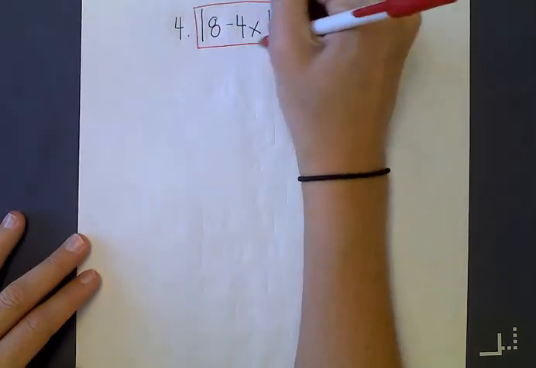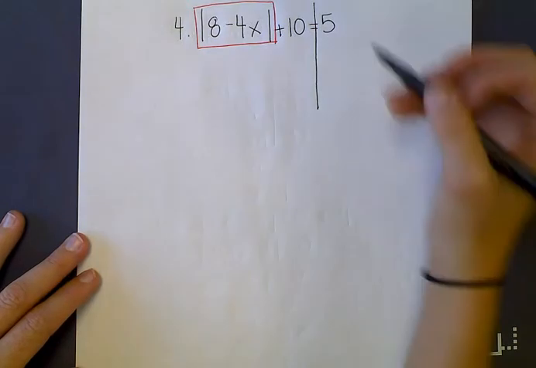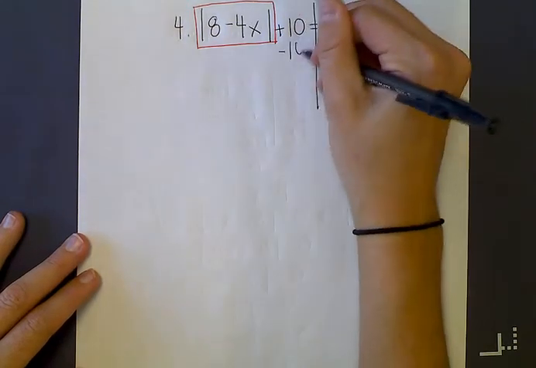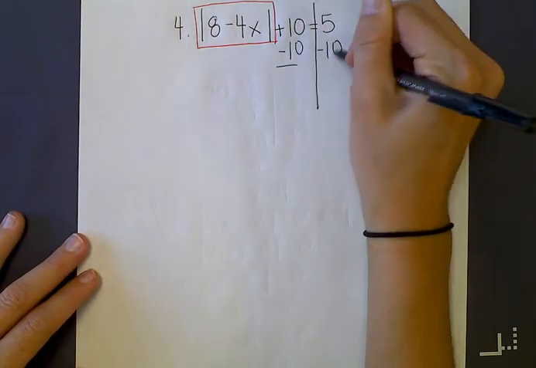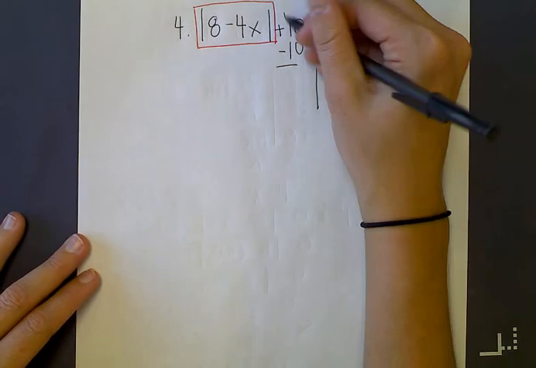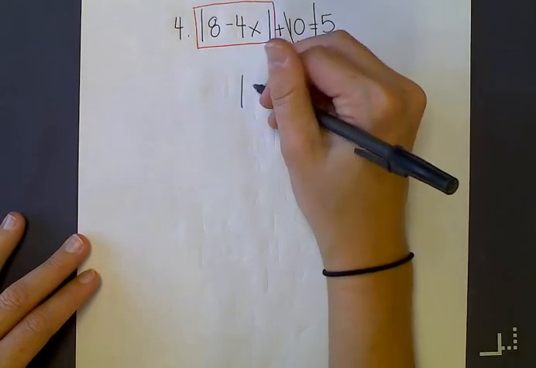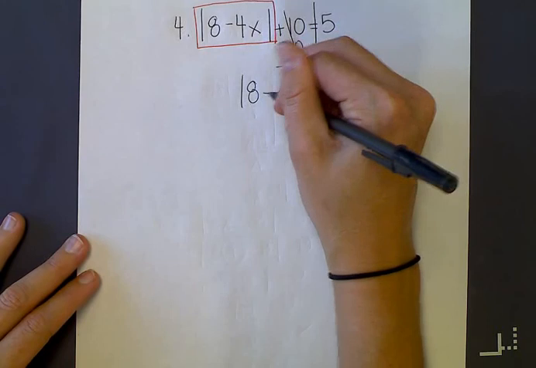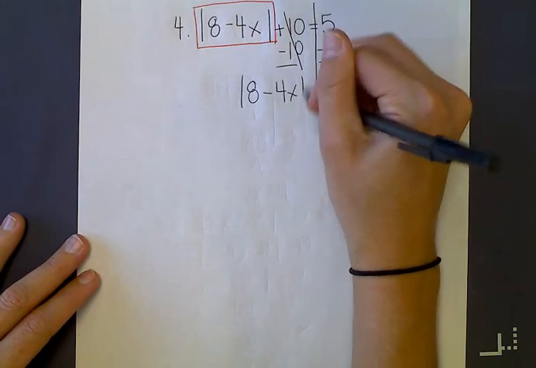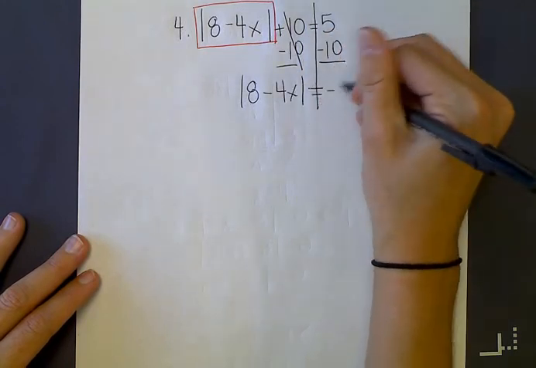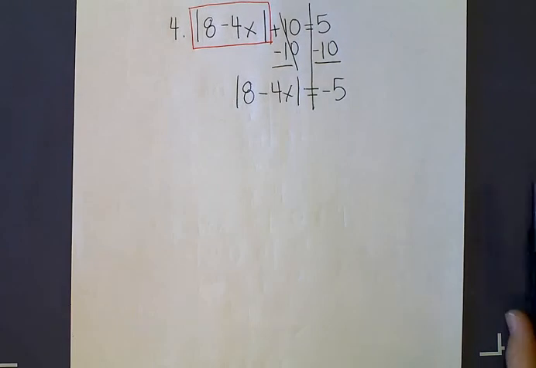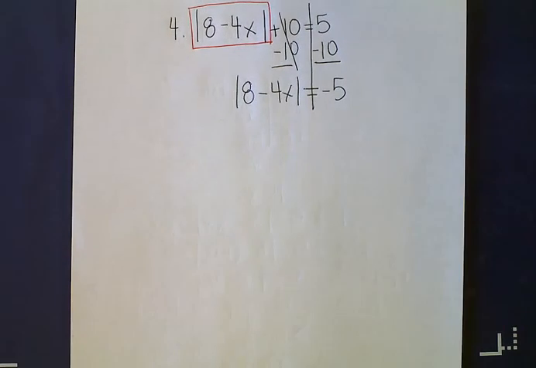So I need to move the 10. To do this, I subtract 10 from both sides. My 10s will cancel out and leave you with the absolute value of the quantity 8 minus 4x equals negative 5. My absolute value is now by itself, so I move to step 2.